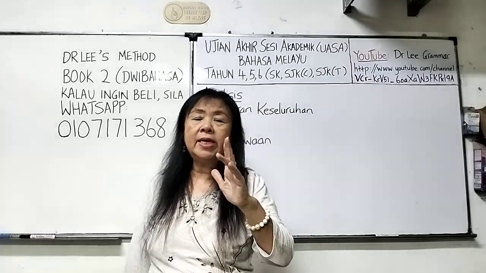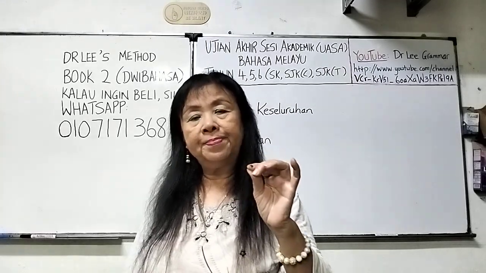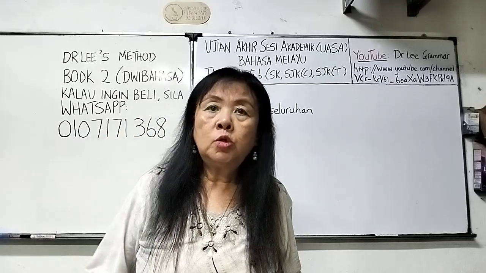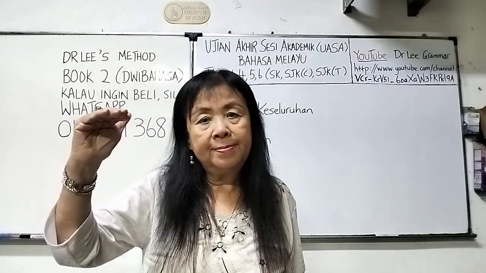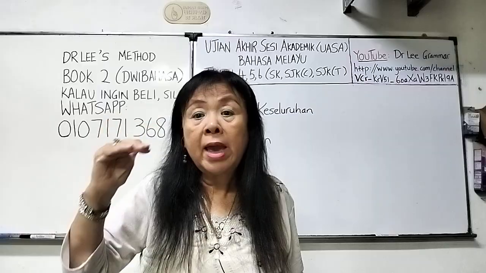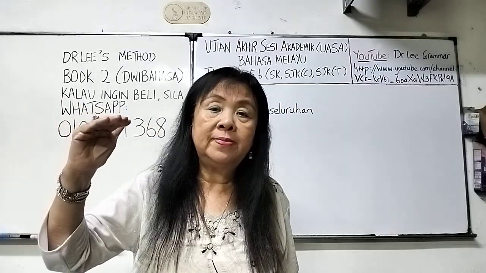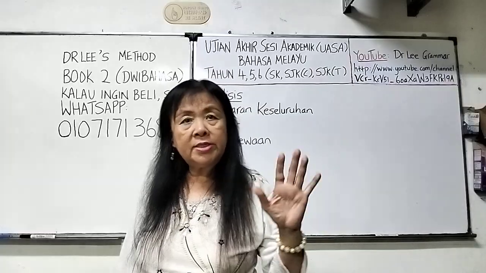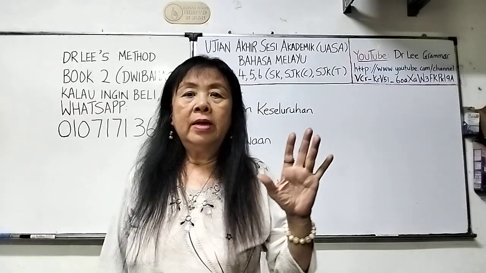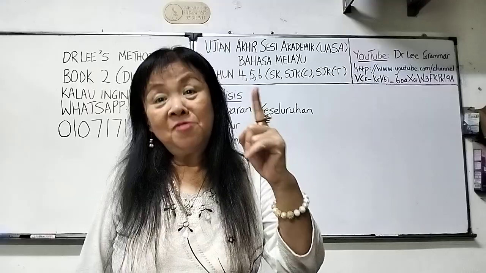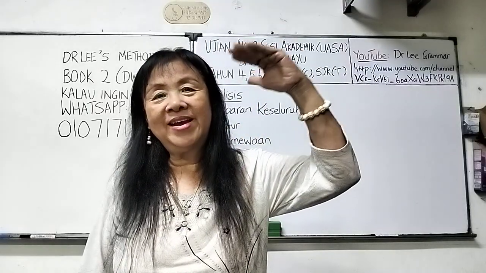That means to say, you know that for SK, Bahasa Melayu is the first language. So the standard is high. The vocabulary for the first language is high. For SJKC, the Chinese language would be the first language, so the standard is high.